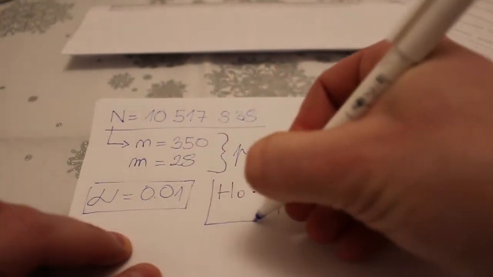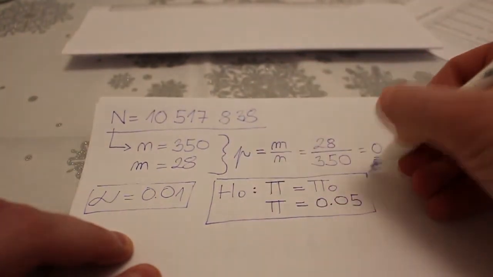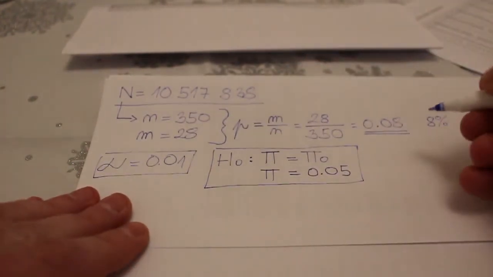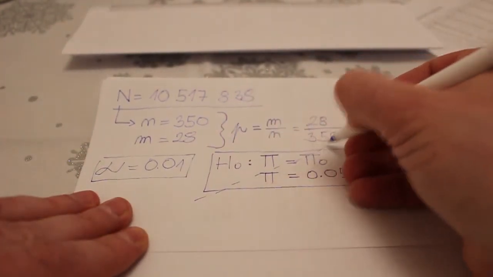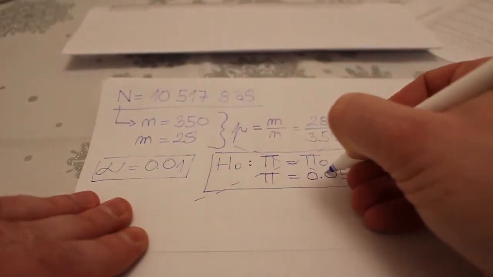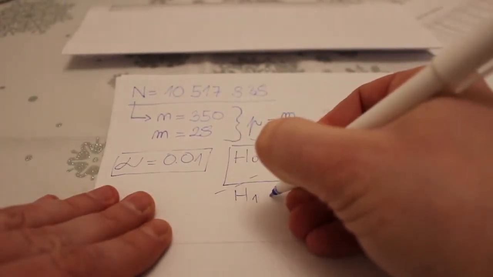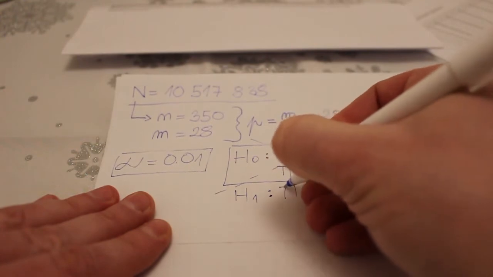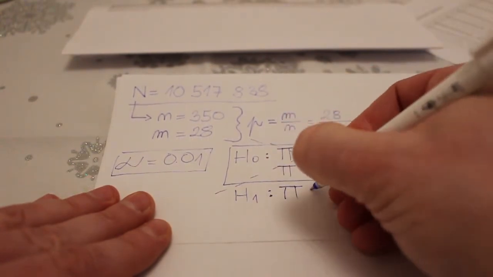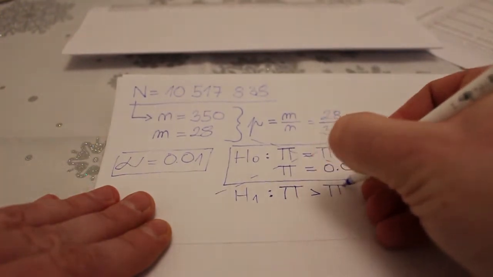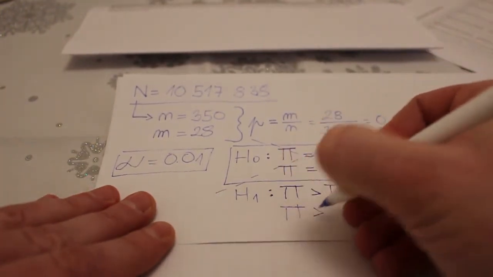Your boss, the leader of this political party, will be happy if you reject this zero hypothesis against the alternative H1, that the proportion of voters is higher than the value P0.